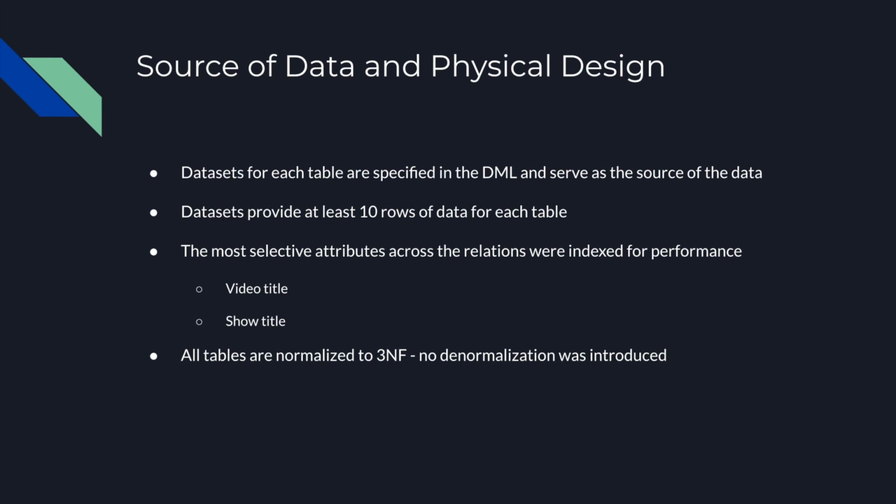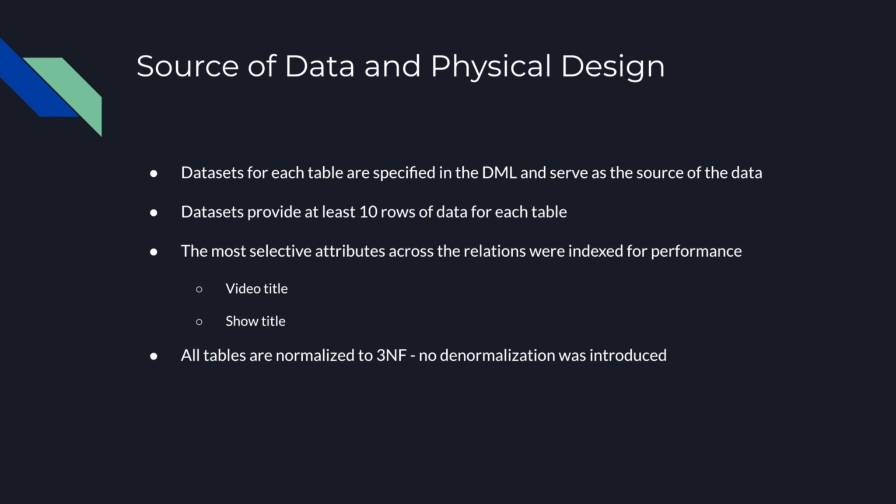So given that they're very selective, we thought it was a good reason for adding an index for performance reasons, for whenever we're querying, for whenever there's a video title or a show title showing up in the WHERE clause of a query, which is a general case.